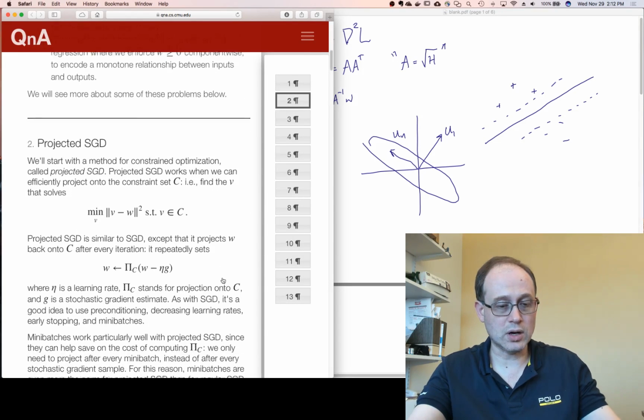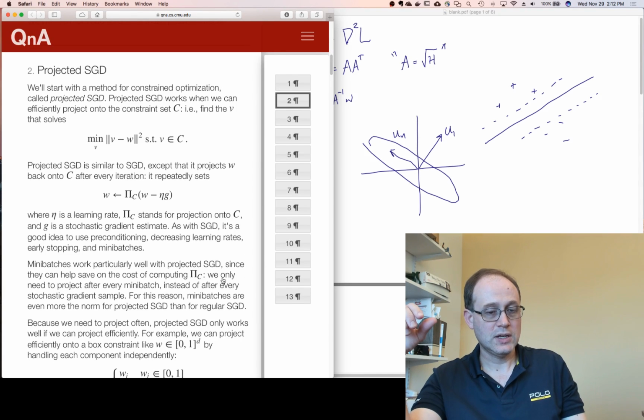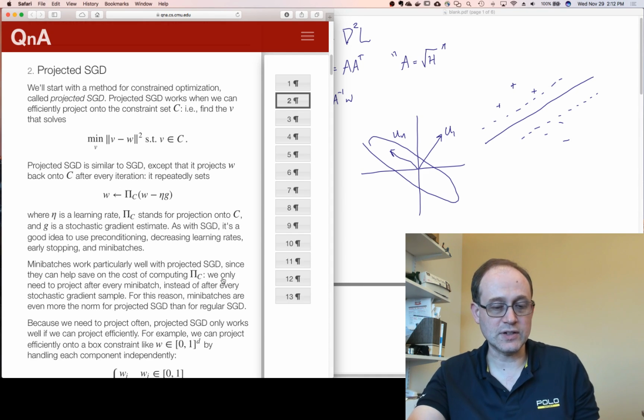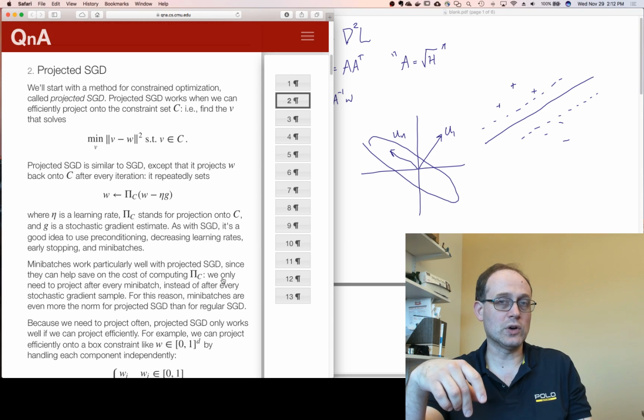What are our options for solving constrained optimization problems? Maybe the simplest one is what's called projected stochastic gradient descent, which is just like ordinary stochastic gradient descent, except that after every iteration, we project onto our constraint set.